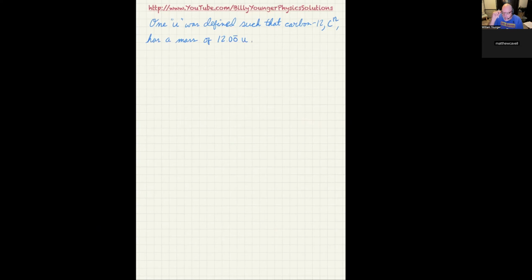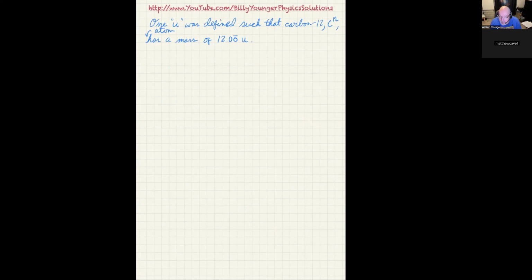That's exactly how they made it, and it's kind of interesting, right? So you've got a definition now of what a carbon atom weighs, specifically a carbon 12 atom. So I should say such that the carbon 12 atom has a mass of 12 U.